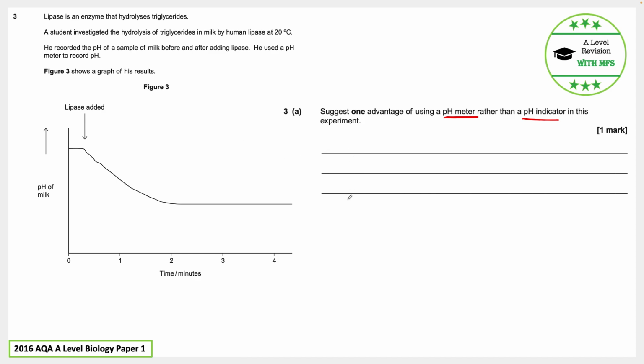Okay, so simply for this question, I would just write it down here, that a pH meter has greater accuracy. And because it has greater accuracy, why are we going to be using it?